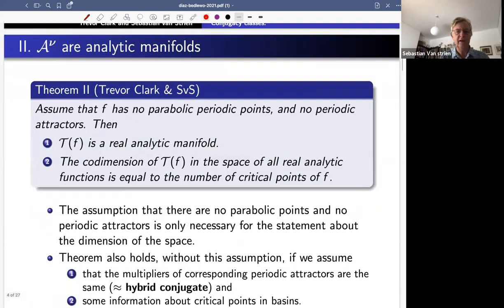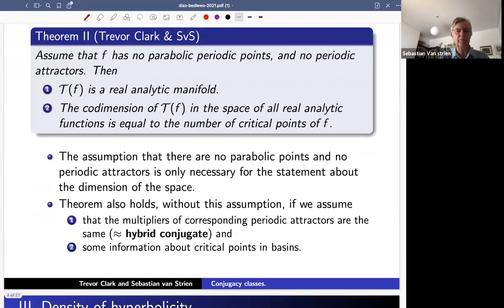And the second type of result is actually even better. Suppose you have this conjugacy class, does it have some additional properties? As I mentioned, I don't want parabolic periodic points for this statement, at least for the moment, and also no attractors.